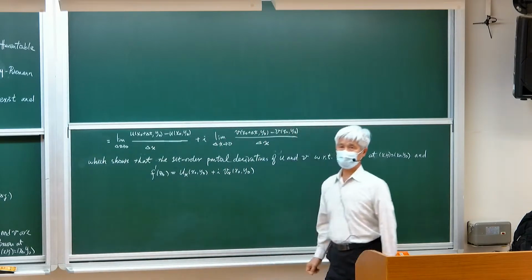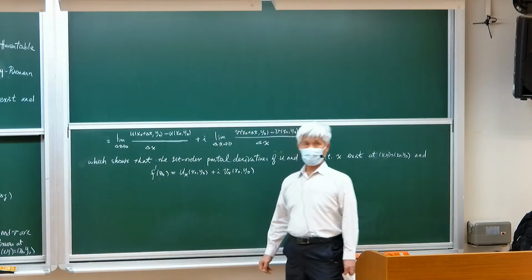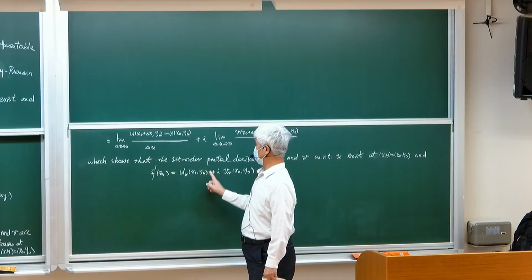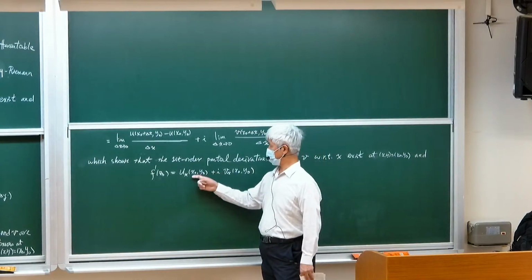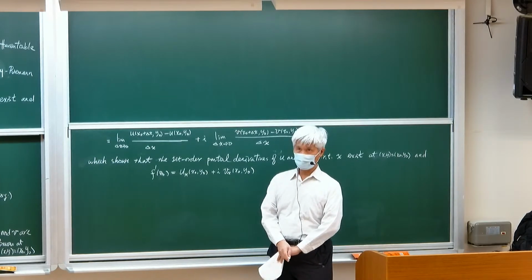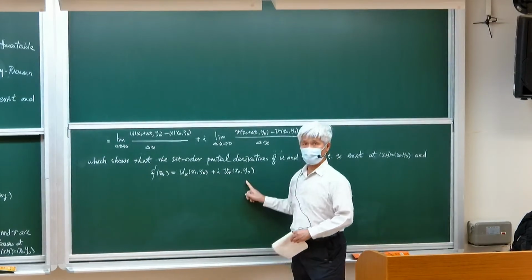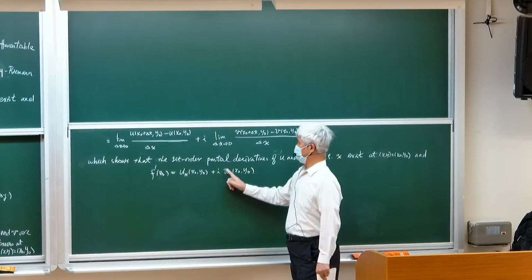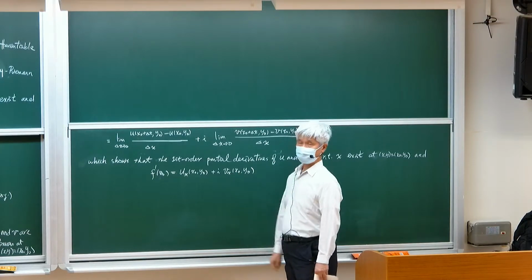So we have the result that the derivative of the complex function f at the point z sub 0 is equal to this expression, where the real part is the first order partial derivative of u with respect to x at the point x0, y0, and the imaginary part is the first order partial derivative of v with respect to x at the point x0, y0.